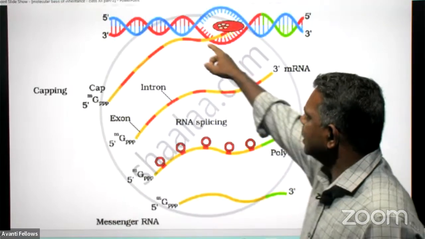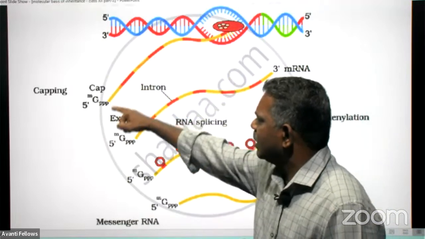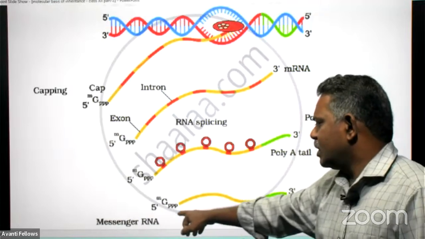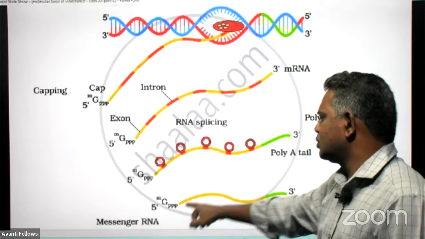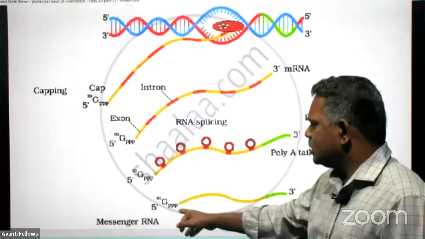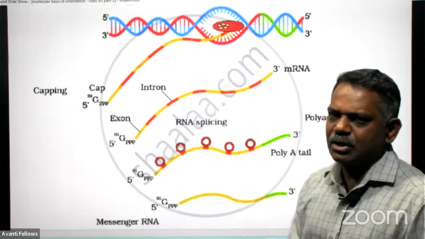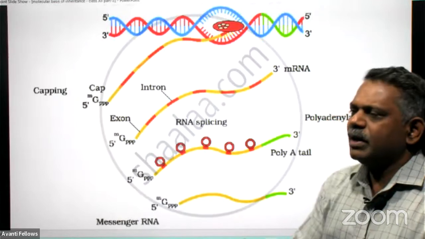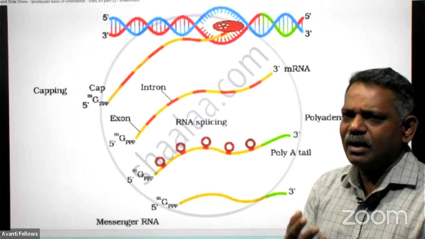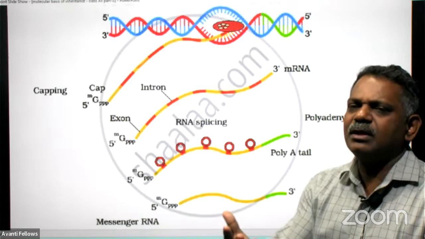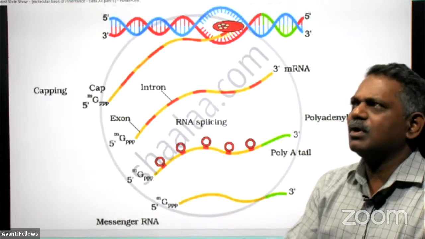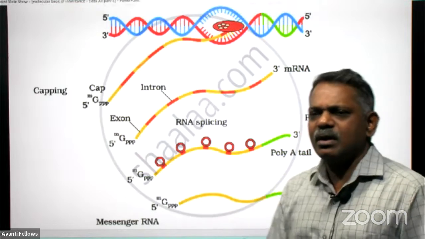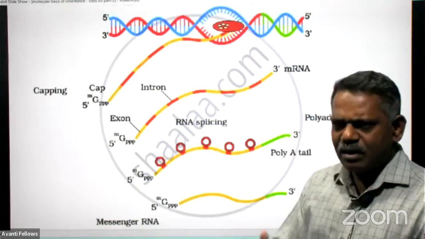Then only this hnRNA, a raw RNA produced directly from the DNA, will be converted into a matured messenger RNA, because it gives the correct message to the machinery present in the cytoplasm to prepare a particular protein having a definite function. It may work in the cell as an enzyme, or as a hormone, or it may be a carrier protein or a contractile protein.